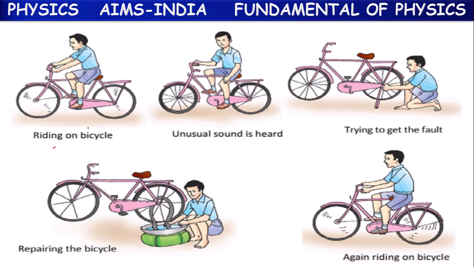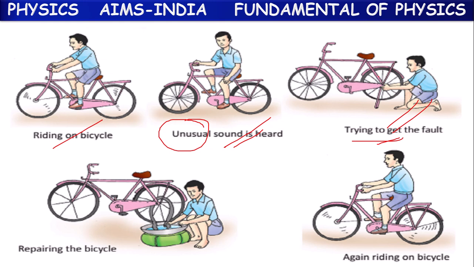Suppose you are riding a bicycle and some unusual sound is heard. You will get down off the bicycle and check where the sound is coming from, trying to find the fault, the reason behind the sound.